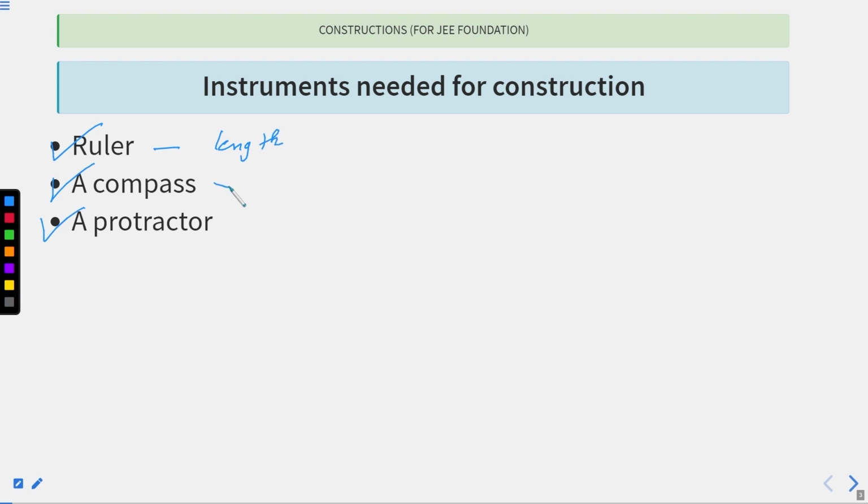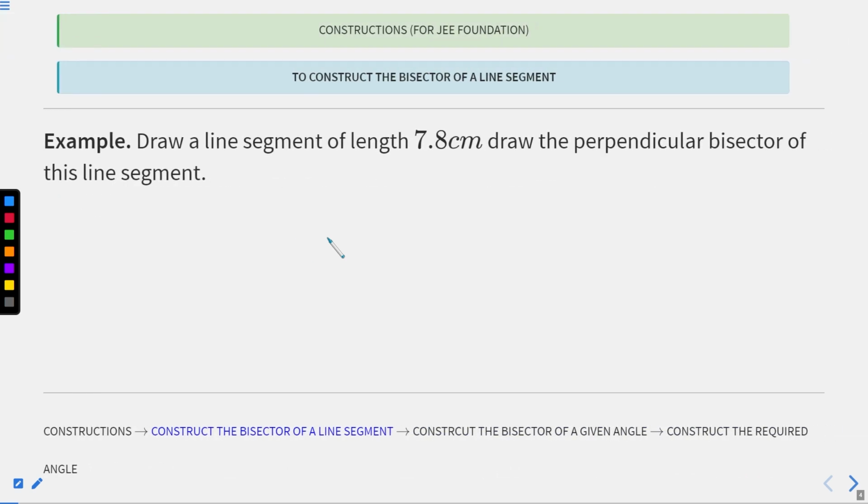The compass is to make arcs, and the protractor is to make a specific angle or to measure the specific angles that we have drawn, to check that they are correct or somewhere near correct. Now let's see our first example of a line segment.